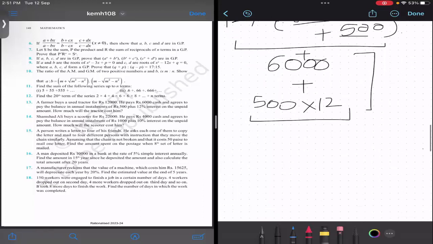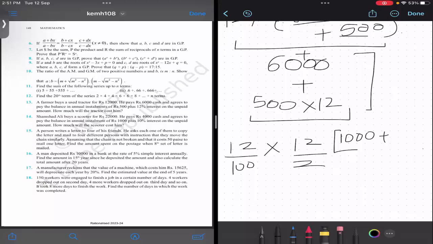So the interest he paid would be 12%, or let's just write 12 upon 100 into 12 by 2, number of terms divided by 2, the formula of summation of terms in AP. 2 into A, 2 into first term. Let's assume the AP to be reversed, not starting from 6,000 but starting from 500. So it would be 1,000 plus number of terms is 12.